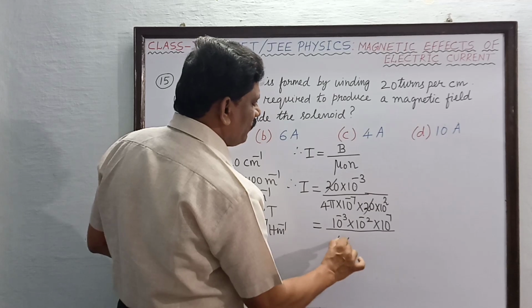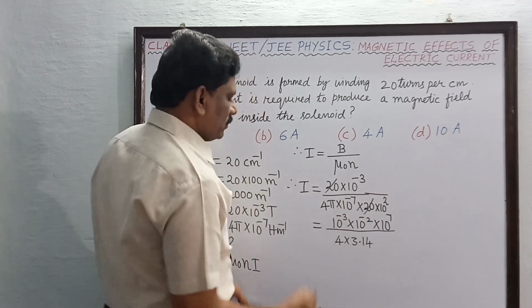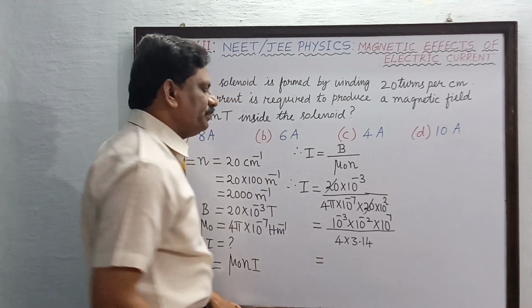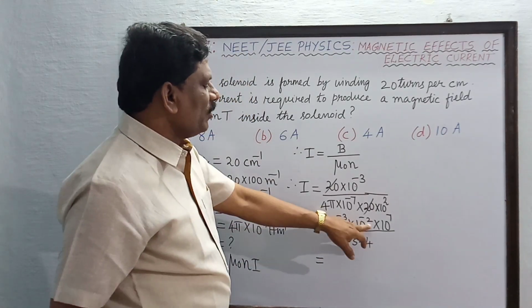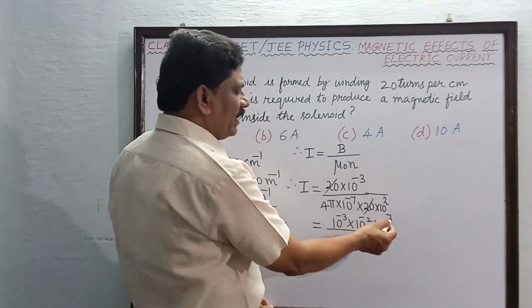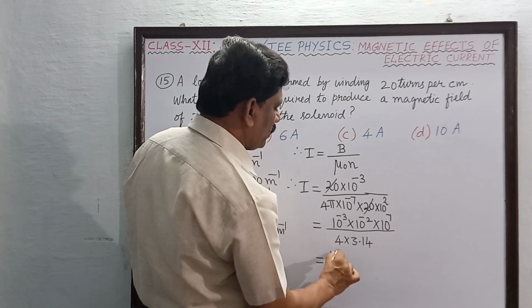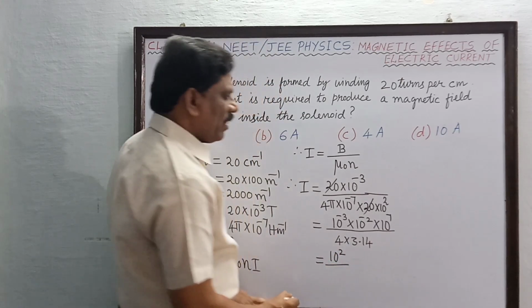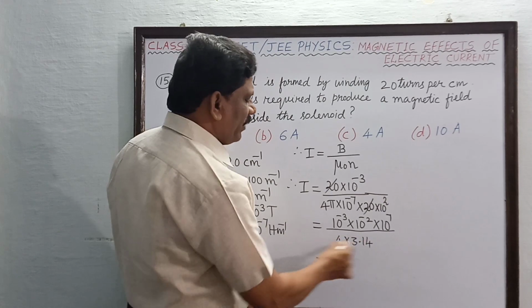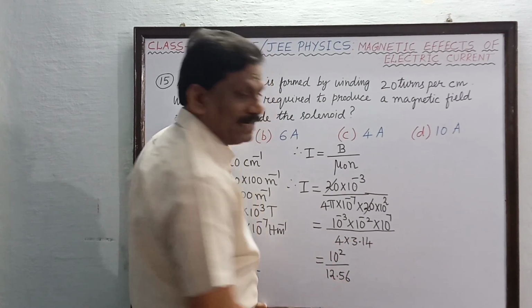So this is 4 into 3.14. So this is now equal to 10 power minus 3 into minus 2 is 10 power minus 5, here plus 7. So the remainder is 10 power 2, is it not? So this is equal to 10 power 2 divided by 3.14 into 4, which must be equal to 12.56, because these are standard products.